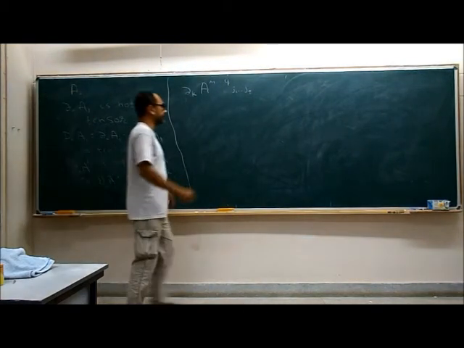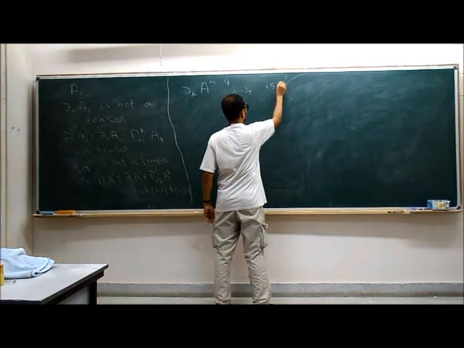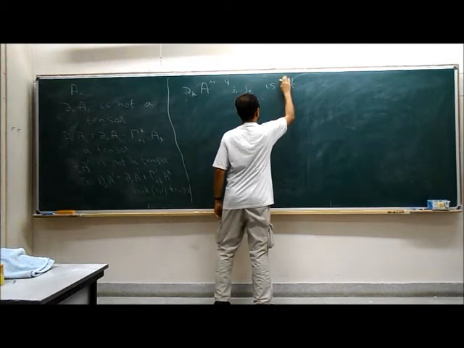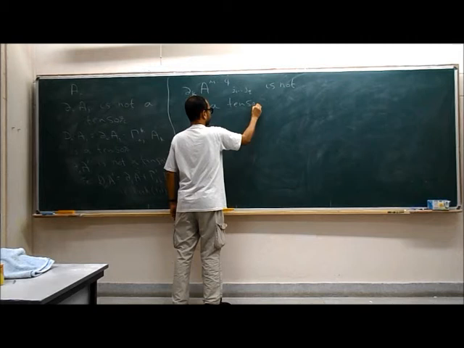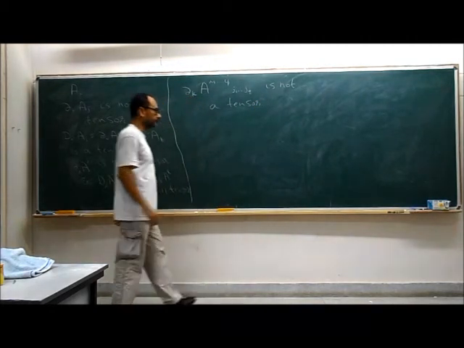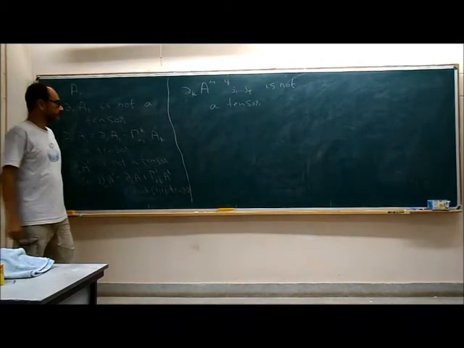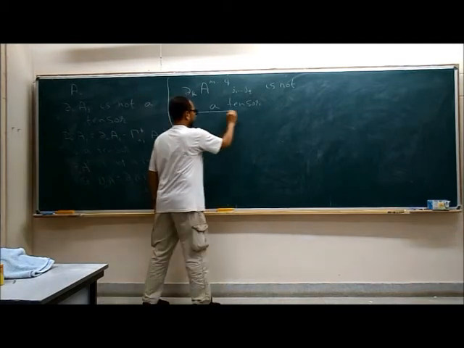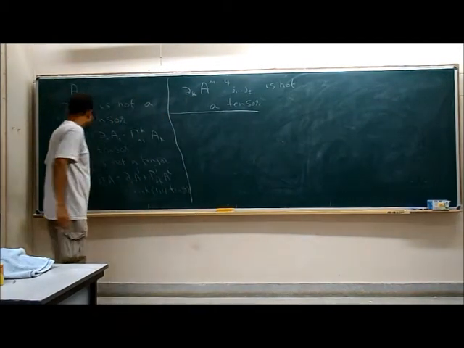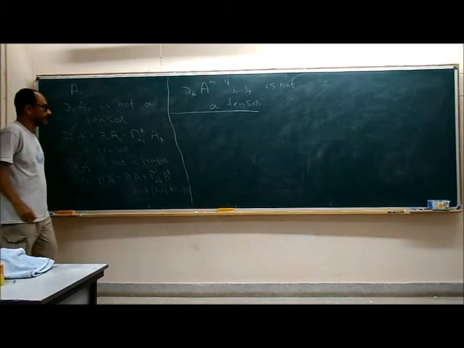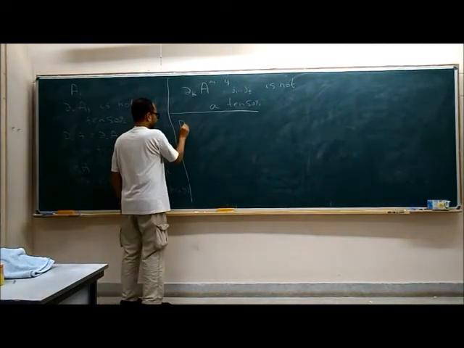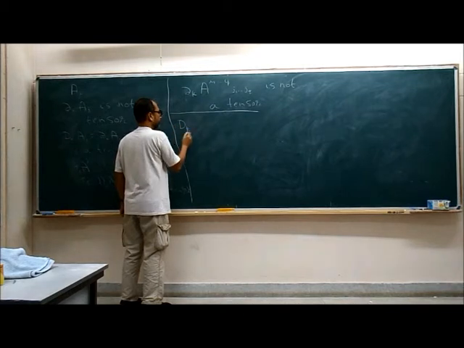It's easy to see that this is not a tensor. However, there is a notion of covariant derivative just by generalizing these two. Let me write this generalization and then I'll try to explain the rules that one has to follow.